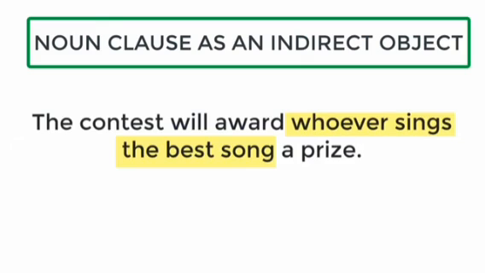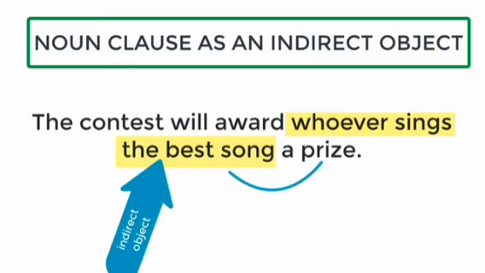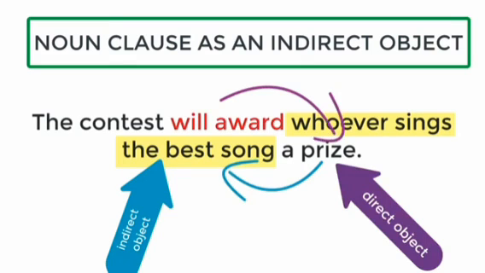Another example, the contest will award whoever sings the best song a prize. So whoever sings the best song is an indirect object because the direct object is a prize.